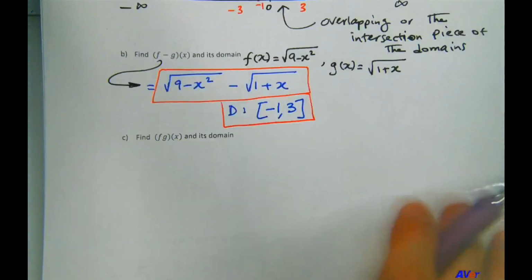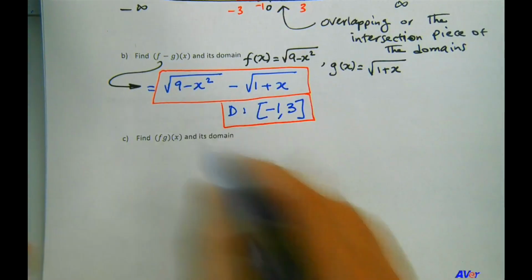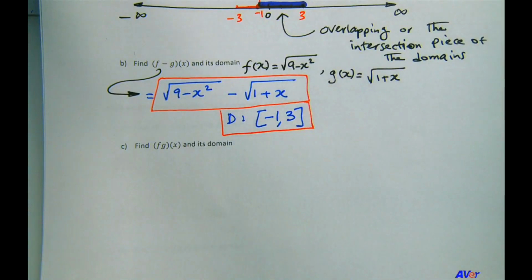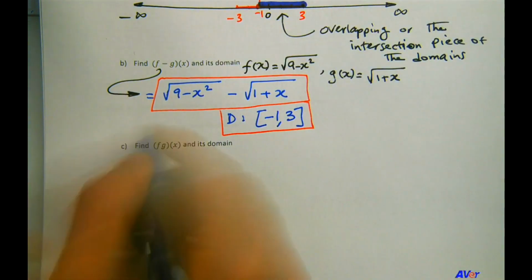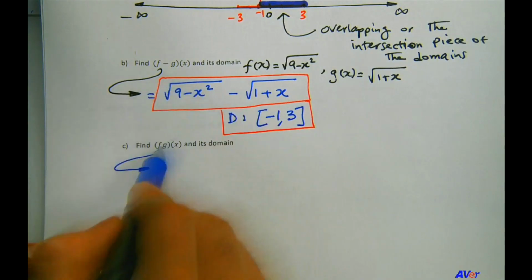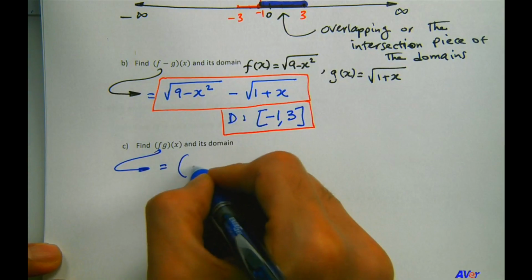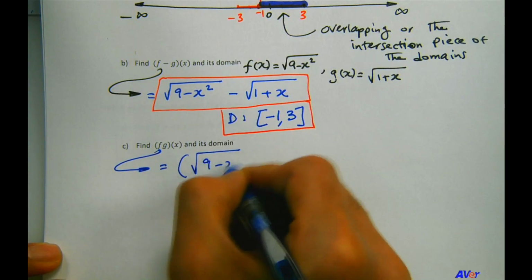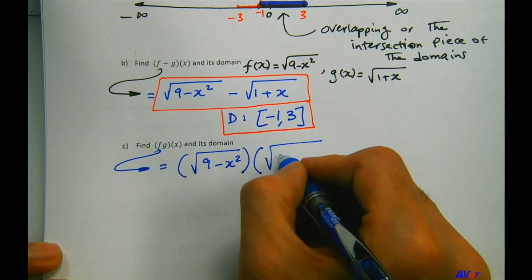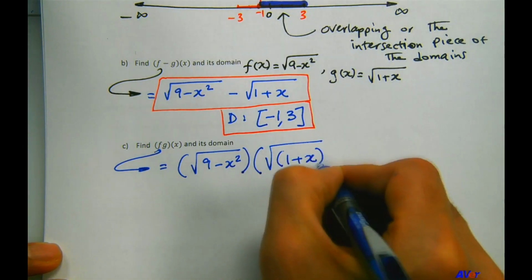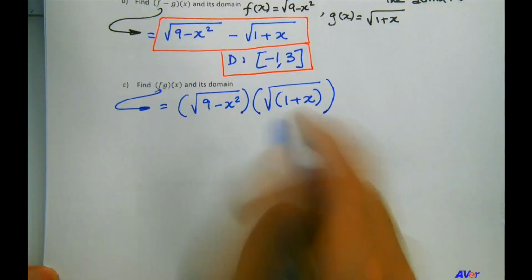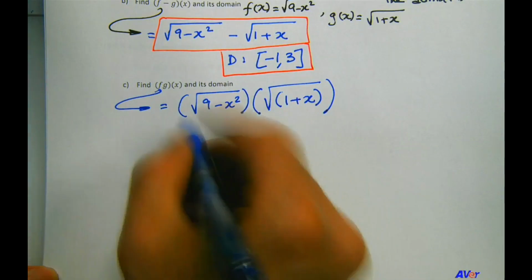Now multiplication. So you can still see both functions here, so I'm not going to write them down. So we have f times g, which is square root of 9 minus x squared times square root of 1 plus x. Okay, so let's multiply these together.